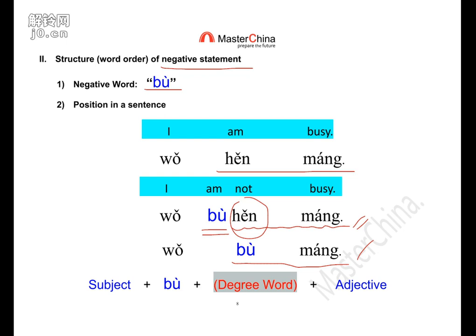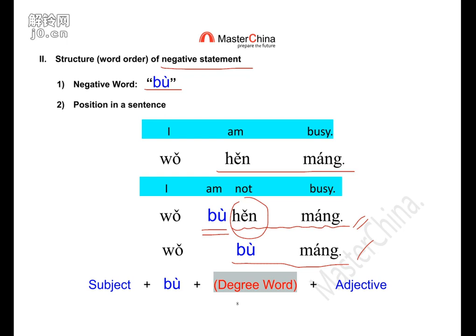I mentioned that the negative degree words are not very, not so, not too, or not, 3 levels, right? Before. I hope that you write down that list in your notebook. So you can see that if some teachers tell you only to say 我不忙, that's the only answer, actually this is not correct.